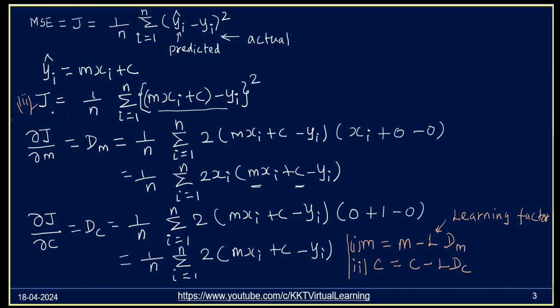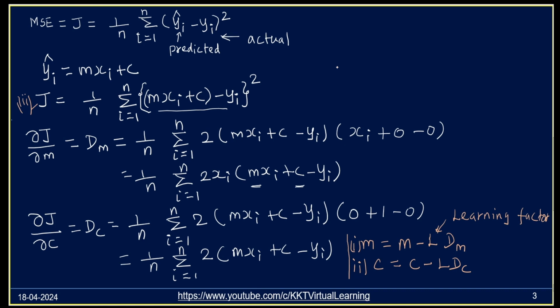If the error is still not satisfactorily minimum, then again you substitute those new m and c values here, find out dm and put it here. So this step should be repeated until the cost function J is minimum or very small or zero.